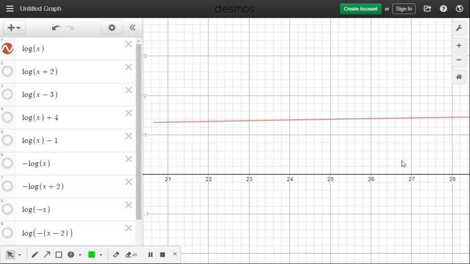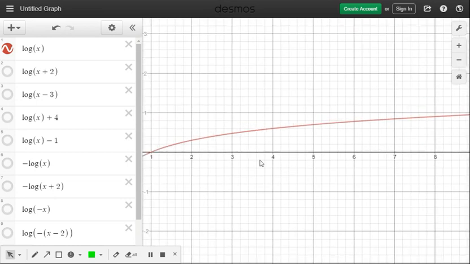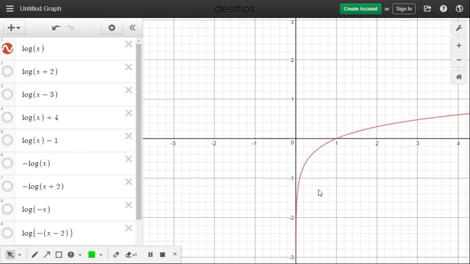So the opposite properties when it comes to exponential function. Now here, we notice that there's an x-intercept, (1, 0). So that's going to be typical when it comes to log of x.